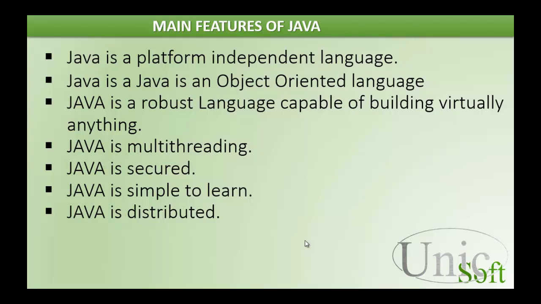So if you don't know what object-oriented languages are, I recommend you check my object-oriented programming series, which contains everything you need to know about object-oriented programming, from the definition to classes to objects to the structure to method properties and the principles, which are inheritance, polymorphism, abstraction, and encapsulation, and so on and so forth.